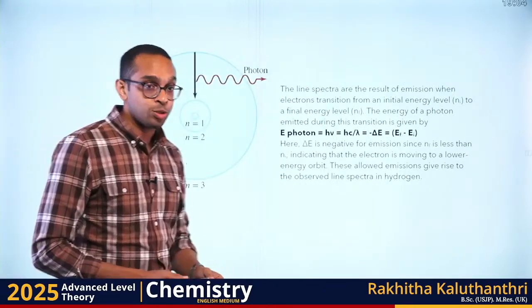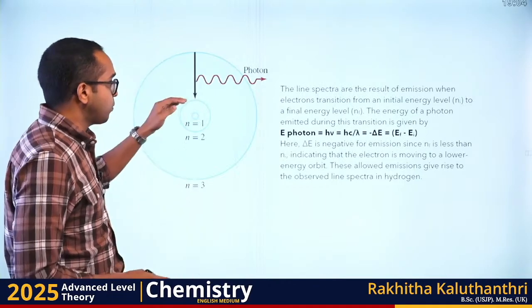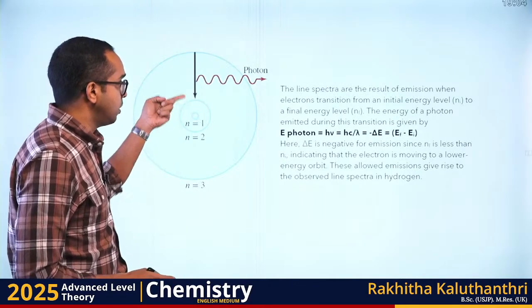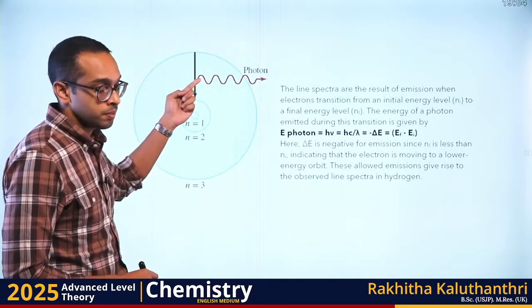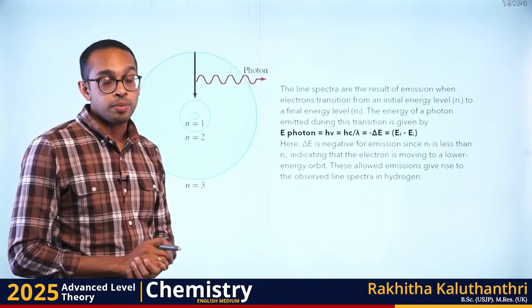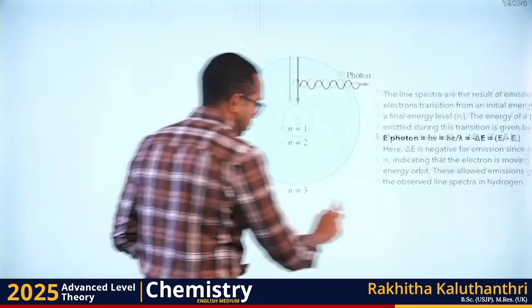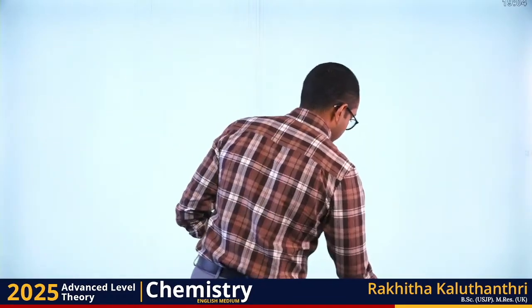And electrons can actually, if provided the right amount of energy, move from their original energy level to a higher energy level, and that is done mainly by absorbing energy. So let me show this to you like this.